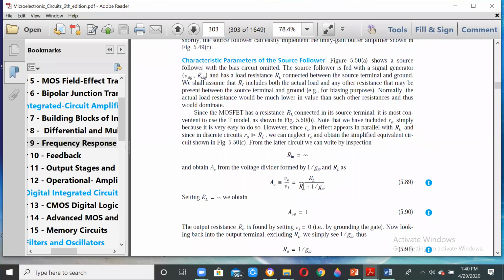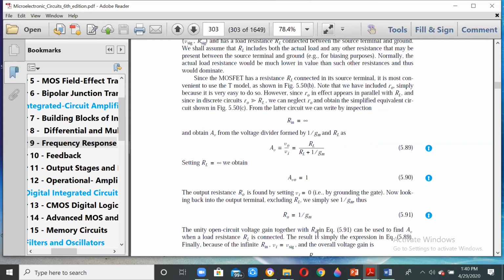So RL by RL will be 1 and the denominator will become 1 plus 1 by gmRL. When RL is infinity, this quantity 1 by gmRL will become 0. So we are left with 1 by 1. Or you can differentiate this with respect to RL, and that will give us the L'Hospital rule, and that itself is equal to 1.